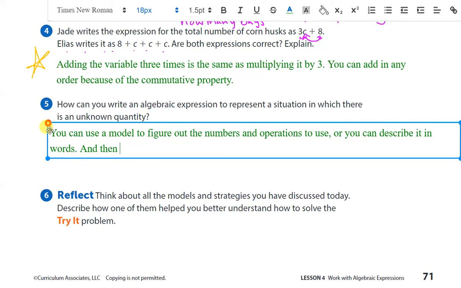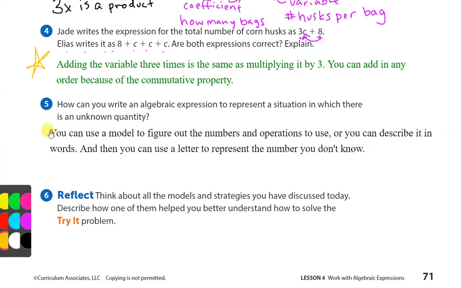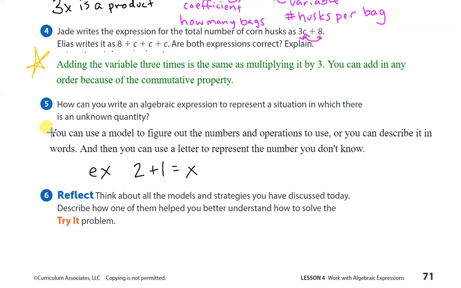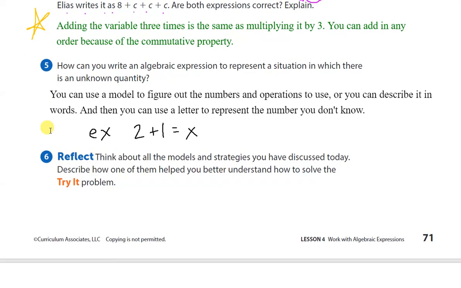And then you can use a letter to represent the number you don't know. So for example, to give a very, very basic example, we can put 2 plus 1. Oh, I don't know what that is, so I could put x. That's the thing we don't know. You can probably figure it out, but you know what I mean.